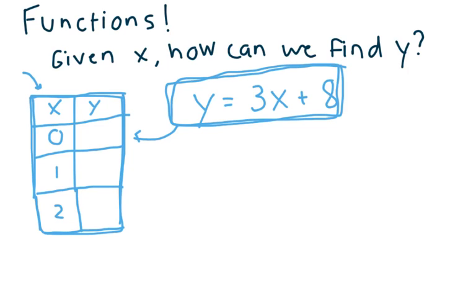Okay, so our function is y equals 3x plus 8. The first input that's going to go into our function machine is 0. And we're going to try and find what the output is. What is y going to be? What is the output of our function machine? So here's what I'm going to do. First step is rewrite my function.